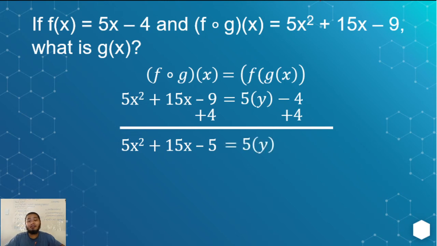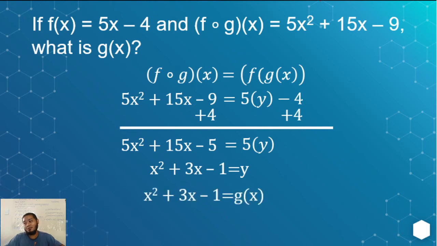For us to get the value of y, we're going to divide both sides of the equation by 5, and we will get x squared plus 3x minus 1. And we know that y is g of x, so that will be our final answer. G of x is equal to x squared plus 3x minus 1.